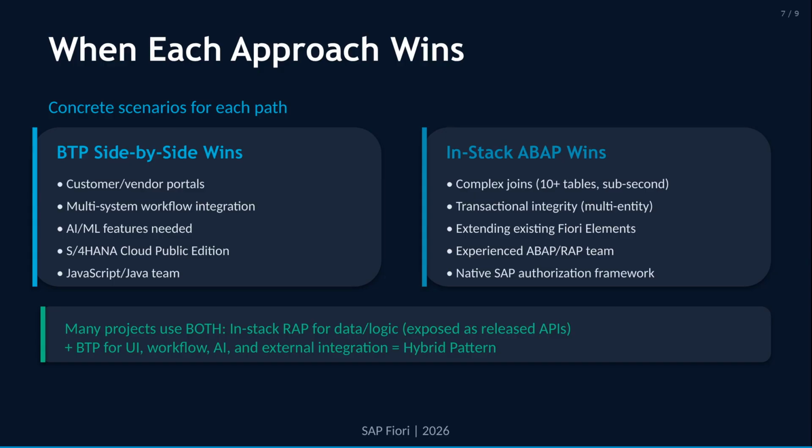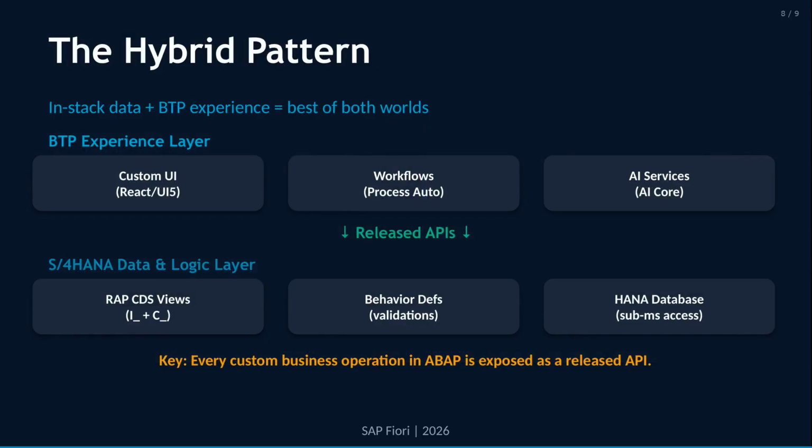Many projects use both. A common pattern is in-stack RAP for the core data model and business logic, exposed as clean APIs, with a BTP side-by-side UI that consumes those APIs and adds workflow and integration. The most sophisticated organizations do not choose one or the other. They use both.